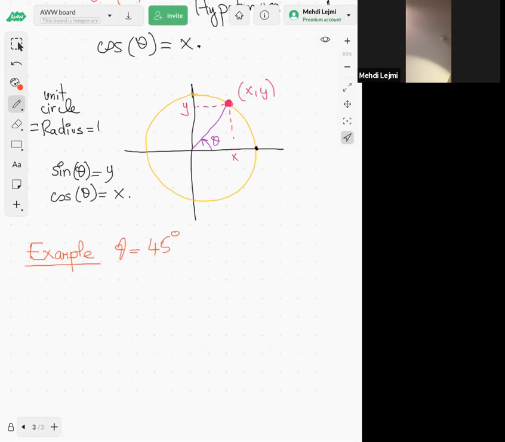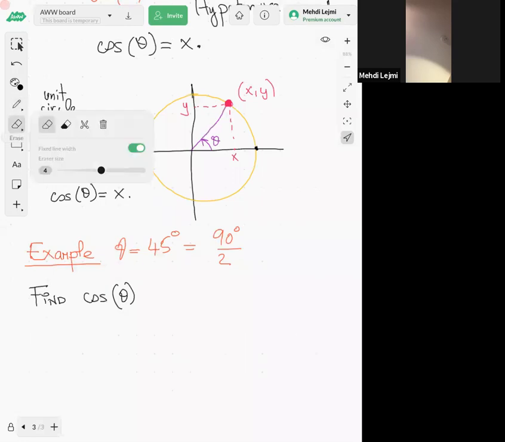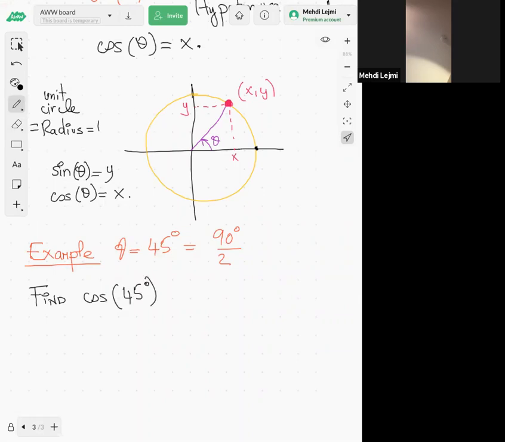That's 90 degrees over 2. So let's say you have this unit circle. The goal here is to find cosine of theta, or cosine of 45 degrees. Let's say you want to find cosine of 45 degrees and sine of 45 degrees.